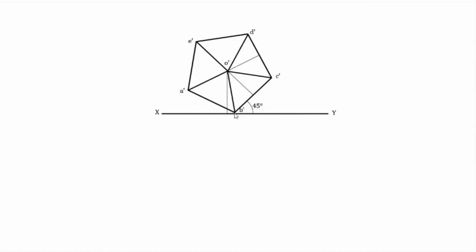Let me show it once more. We start with our XY line, then with one of its edges making an angle of 45 degrees and one of the corners touching the XY line, draw the pentagon. Then name the corners of the pentagon A dash, B dash, C dash, D dash and E dash.